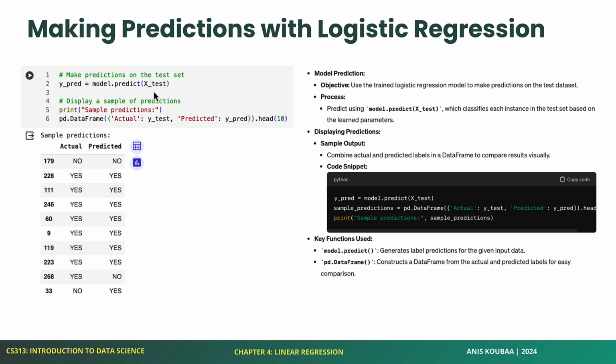So we're going to have several persons, 20% of the data set will be for testing, and you will have the prediction for all of them. Now, this is a sample. I make the prediction, and then I will visualize the actual versus the predicted. I will take the Y test and the Y predicted. So look, this is the same, this is the same, this is the same, but sometimes I can have misclassification.